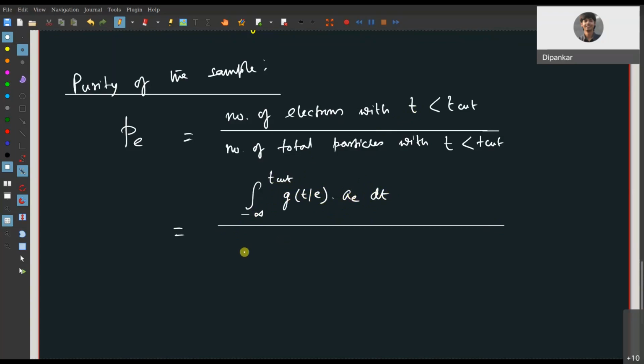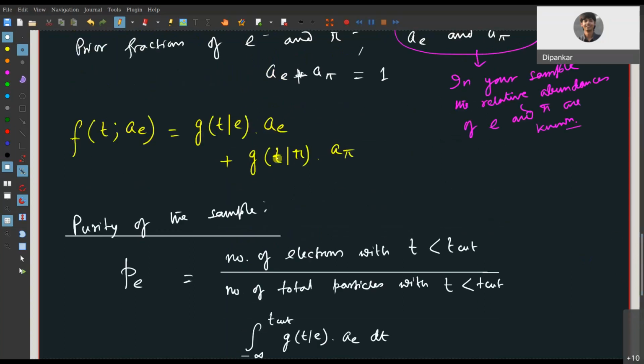again the integral from minus infinity to T cut of this f that I denoted.